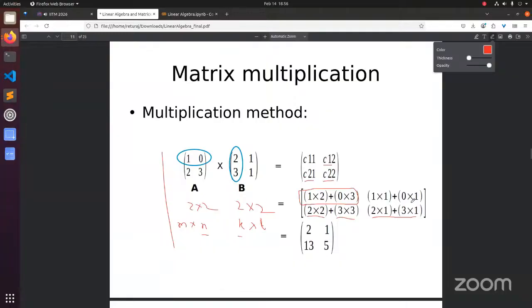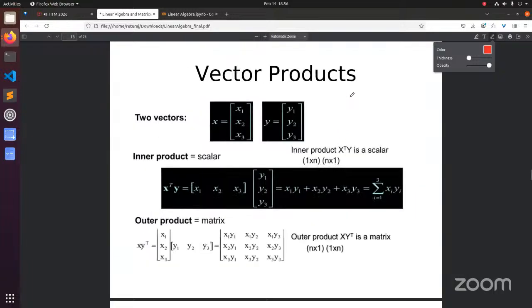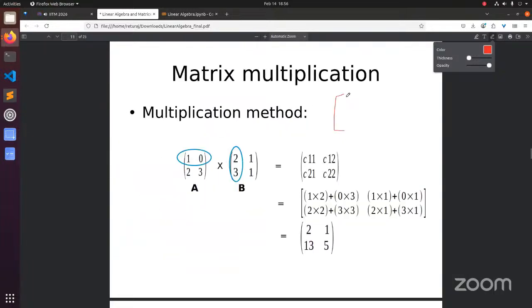Okay, so now there is another question for you. Say we have 1, 1 multiplied by 1, 1. Can we multiply these two?